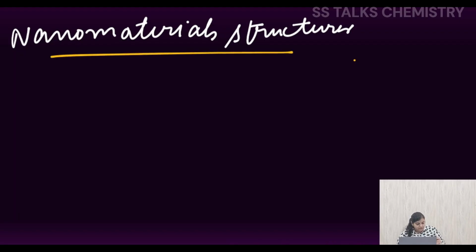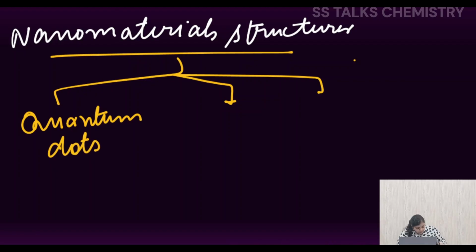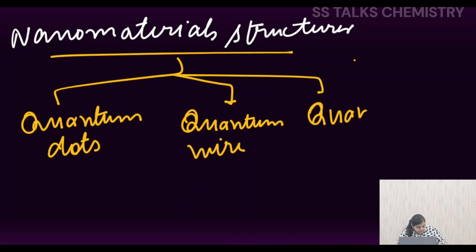We have seen that we can classify the materials on the basis of dimensions. You can have zero dimensions, one dimension and two dimensions. Based upon that, three types of materials are generally classified: quantum dots, quantum wires, and quantum walls.